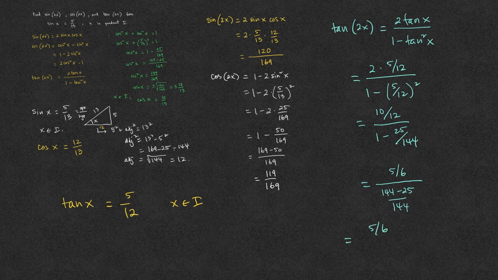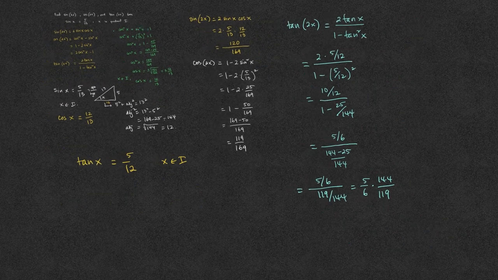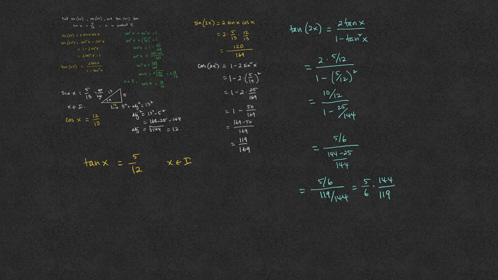5 over 6 in the numerator. 144 minus 25 is 119. So the denominator is 119 over 144. This is 5 over 6 times 144 over 119, because dividing a fraction is the same as multiplying by the reciprocal. 5 times 144 is 720. 6 times 119 is 714.